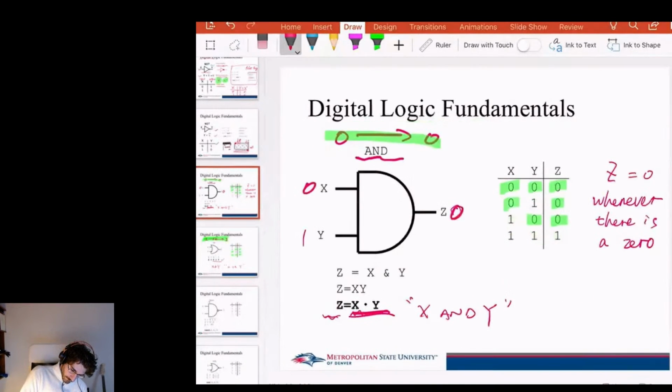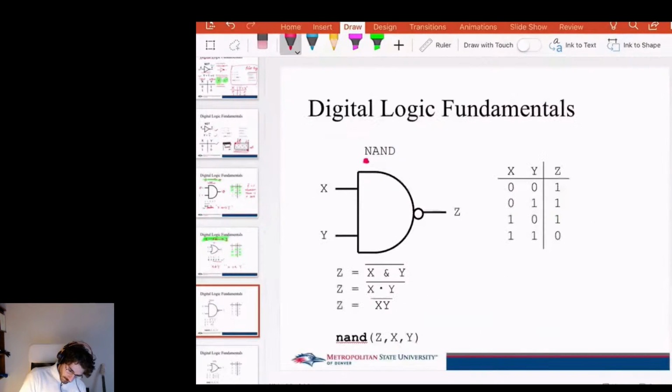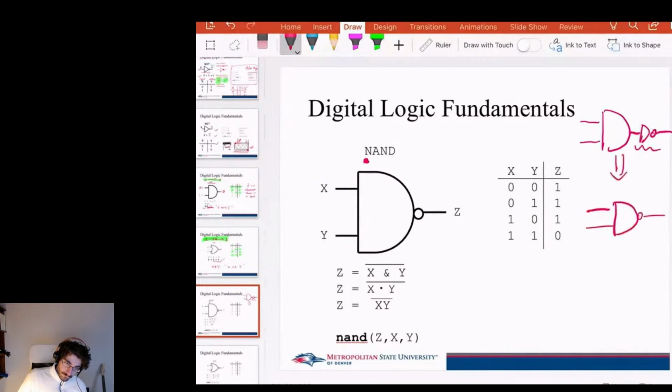The logic symbol for an AND gate is like a half circle, and the NOT gate looks like a small triangle followed by a small circle. To simplify this a little bit, we could draw it this way, using a small circle to represent the NOT.